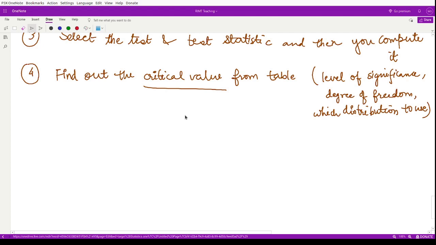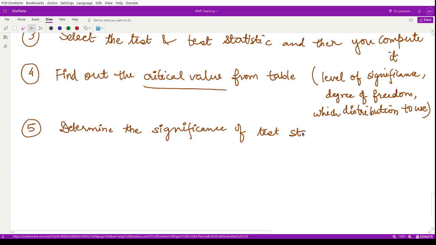Then you determine the significance of the test statistic, that means you calculate the test statistic. Here you compare the results.